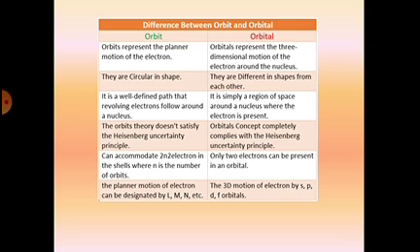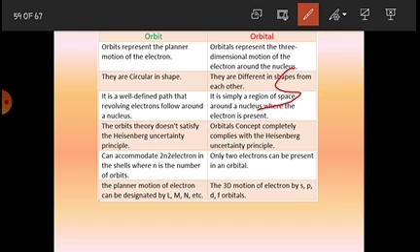Next, fifth difference, the orbit can accommodate 2n square electrons in the shells, where n is the number of the shell. Whereas in case of orbital, only 2 electrons can be present in an orbital. So in s orbital, we can accommodate only 2 electrons.